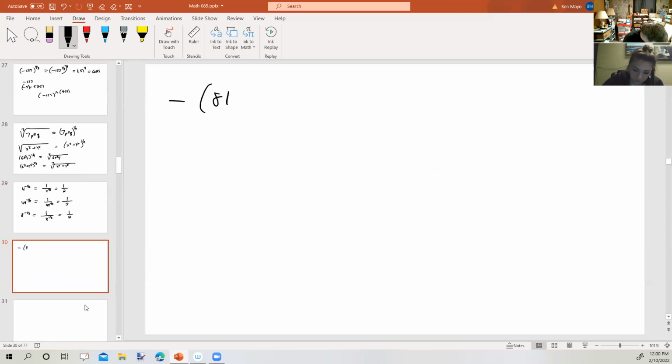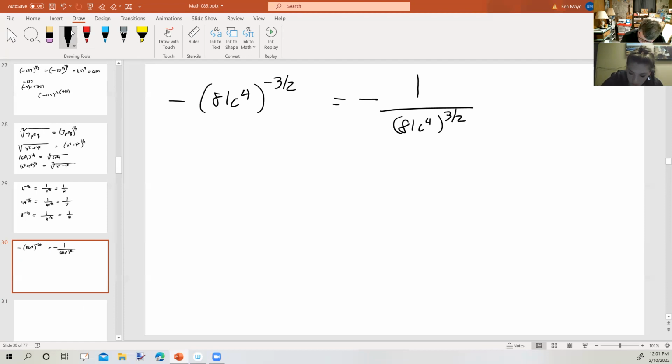Okay, negative the quantity 81 c to the fourth, all to the negative 3/2 power. Now, the negative 3/2 exponent is only attached to the parentheses. That negative sign out in front is not part of the exponent, okay? So this is going to become negative 1 over 81 c to the fourth to the positive 3/2 power.